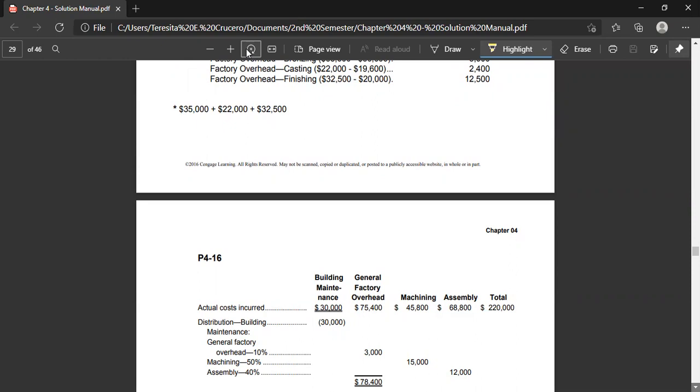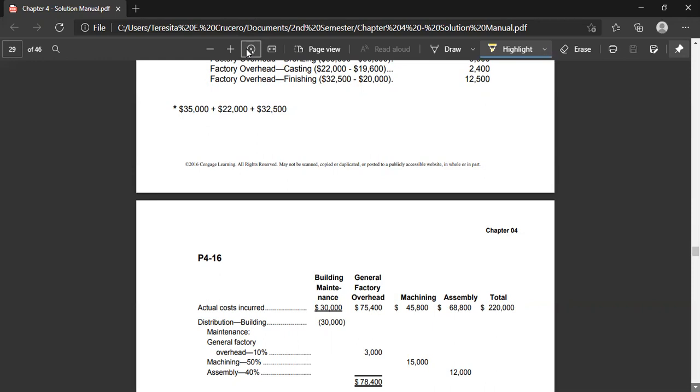So we have now for the individual cost 30,000, 75,400, 45,800, and 68,800. Total of $220,000.